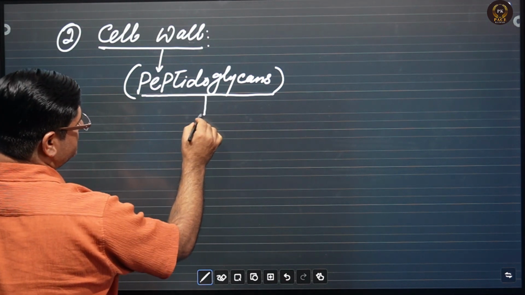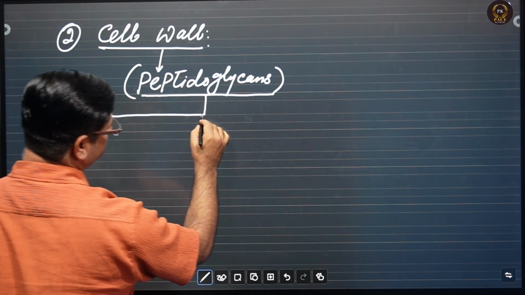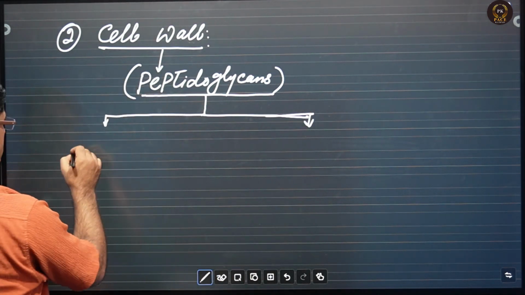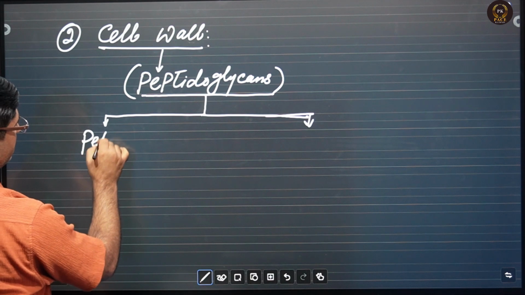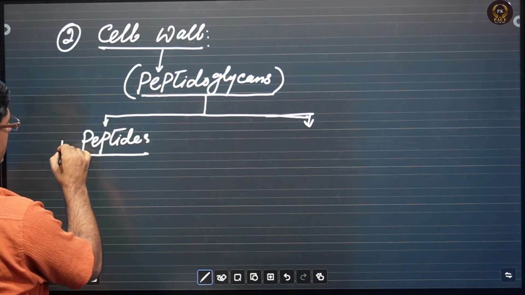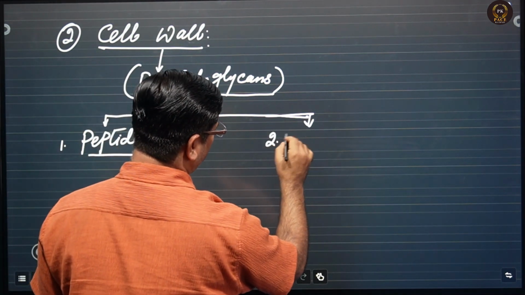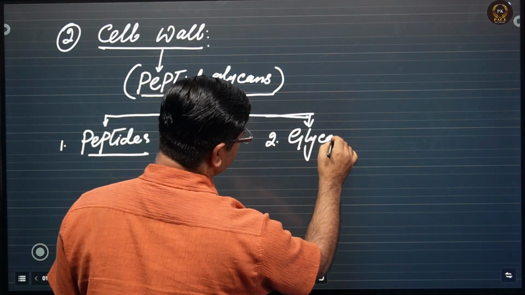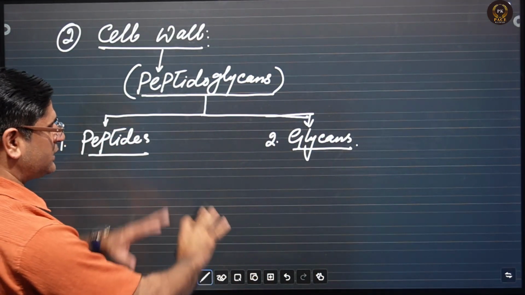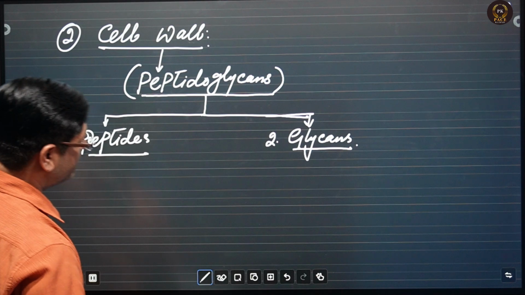Peptidoglycans are composed of two parts. One part is the peptide part, and another part is made up of glycans. So peptides and glycans are present in the peptidoglycans.